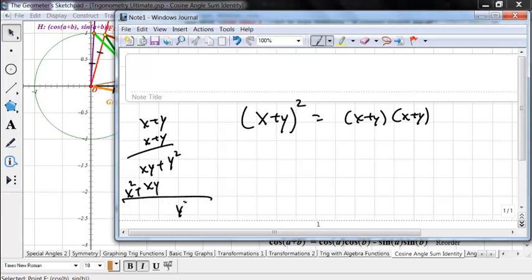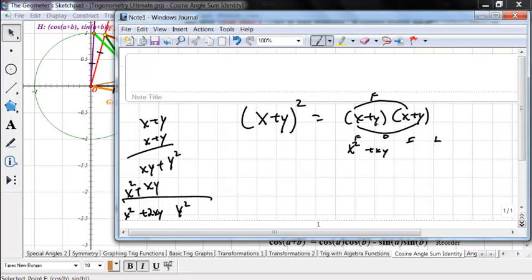Add together, you get x squared plus y squared, and the middle terms double up, 2xy. Or you can think of the shortcut FOIL: first times first is x squared, the outer product is xy. That's the O.